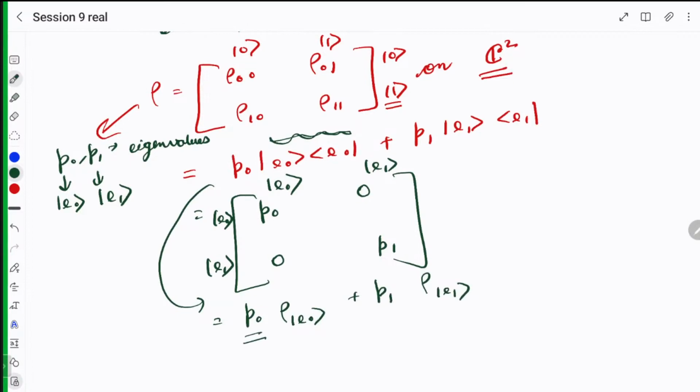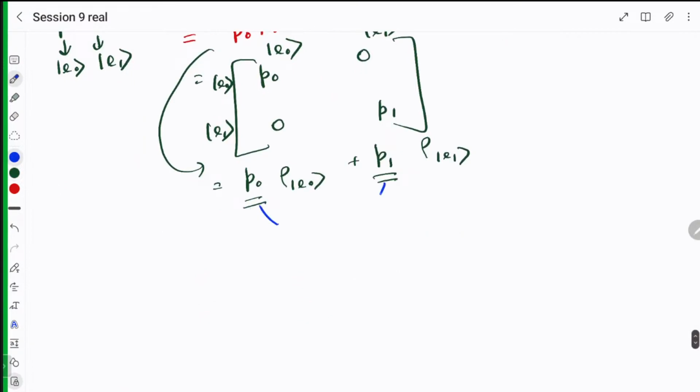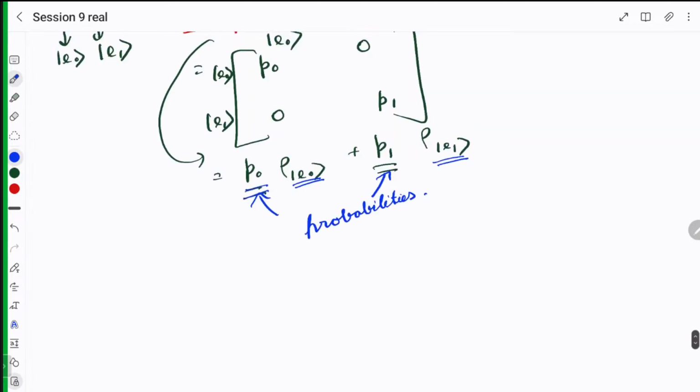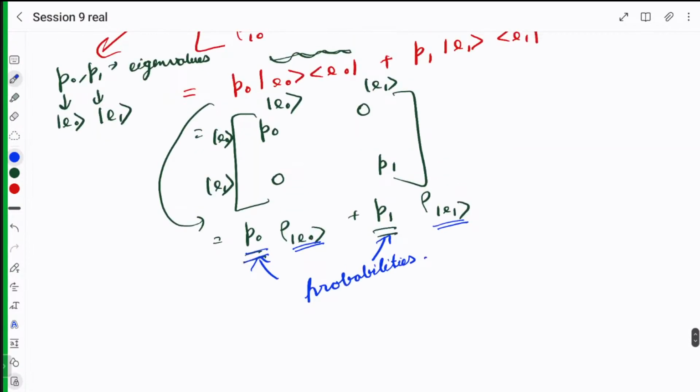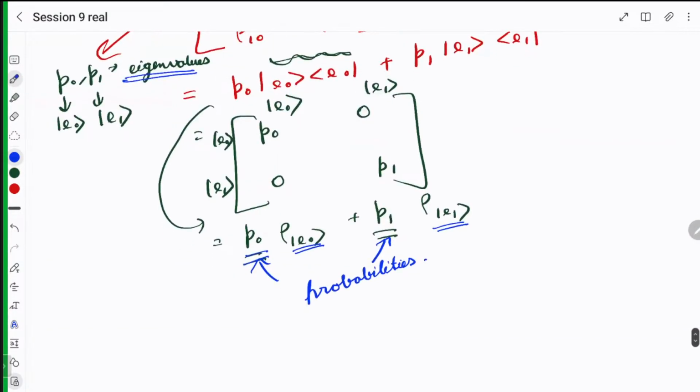So it is clear that p naught and p1 are some probabilities. p0 is the probability of getting E0 on measuring, and p1 is the probability of getting E1 on measuring. And these probabilities are nothing but the eigenvalues. Probabilities have to be real, so eigenvalues have to be real.